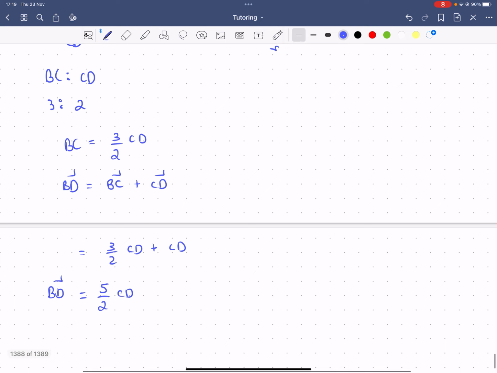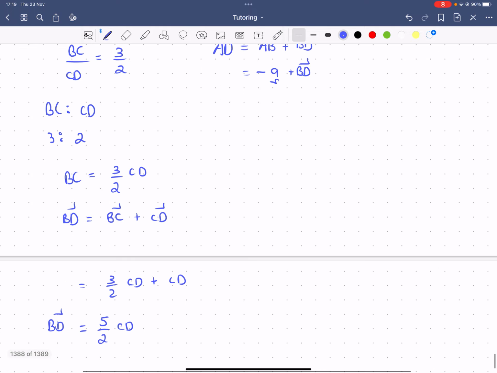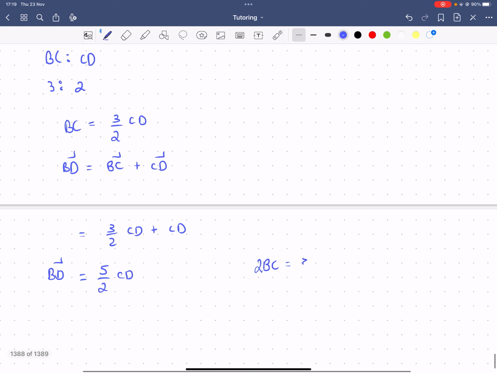We also know that 2BC is equal to 3CD, so CD is equal to 2 on 3 BC.